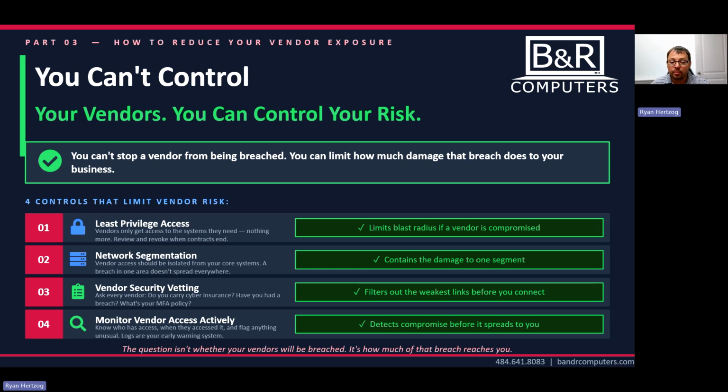This limits the blast radius if a vendor is compromised. Knowing what your vendors have access to at any point and revoking those permissions when necessary helps limit how exposed your business is. Second, network segmentation: vendor access should be isolated from your core systems.